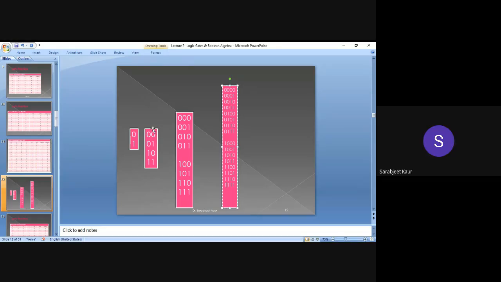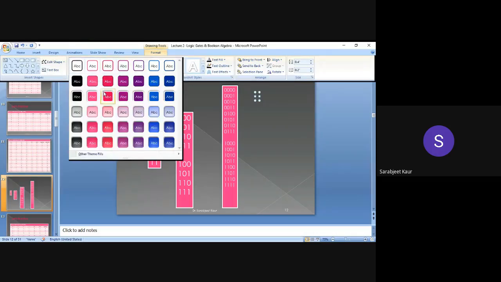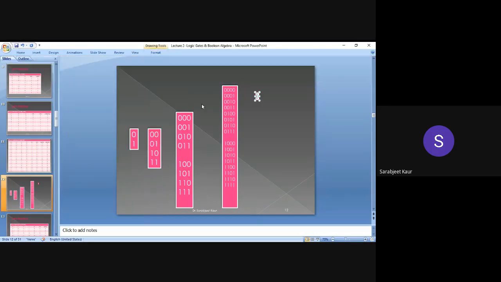So let me just write down the numbers for you. So this is the decimal equivalent for number 1, 2, 3, 4, 5.